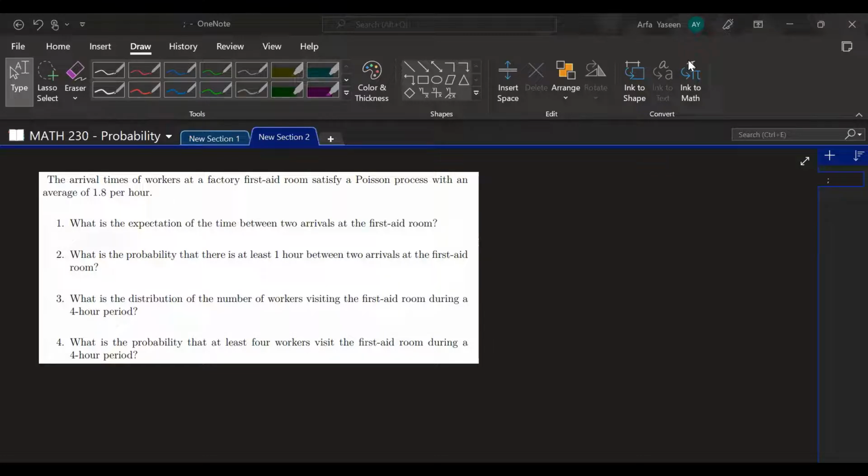What I'm saying is, if our random variable is the time between two successes and not the number of successes in a given time unit, then it is exponential distribution. But if it was the number of successes in a time interval, that would have been Poisson distribution, which is discrete, and exponential distribution is continuous since it's time.